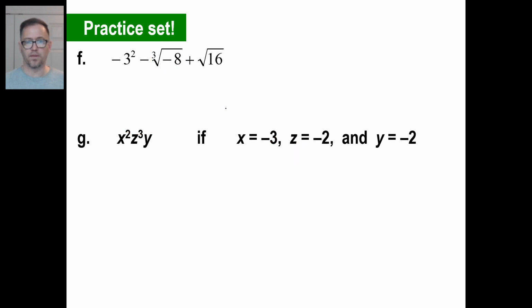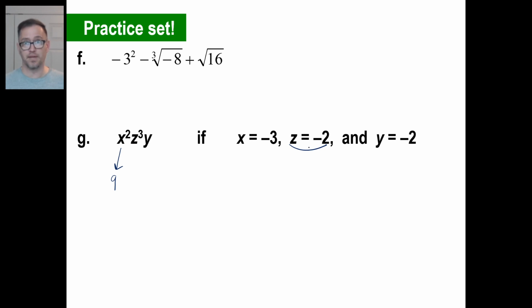All right, this is one of those you have to be very careful with and do exactly what's written there. X squared means this number here squared. So that means negative 3 times negative 3. So this part here is going to end up being positive 9. All right, z to the third power means this thing multiplied by itself 3 times.